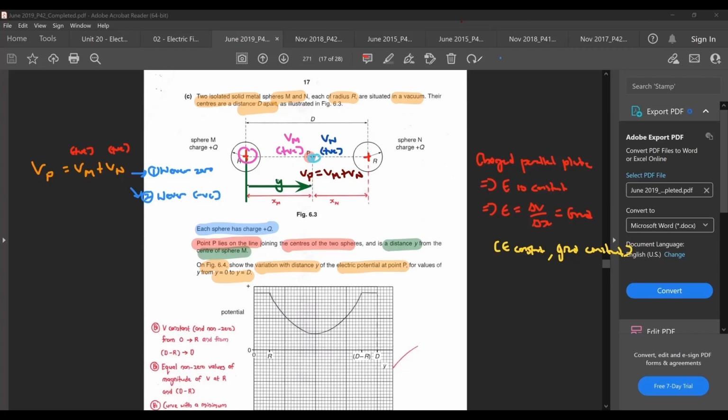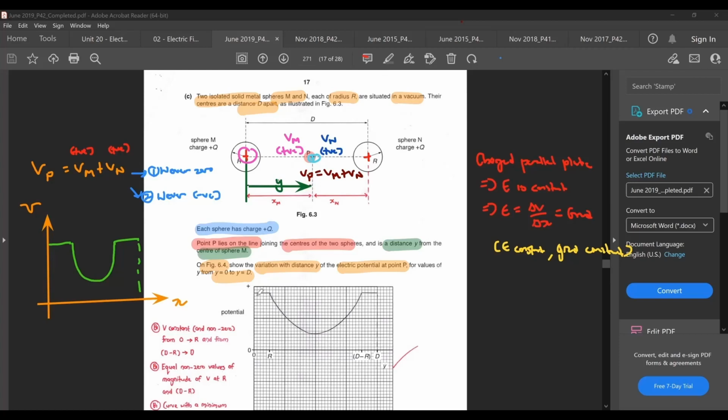So now, if you want to plot a graph of electric potential versus distance, what you're supposed to get is something like this, like what's being shown on your answer here.